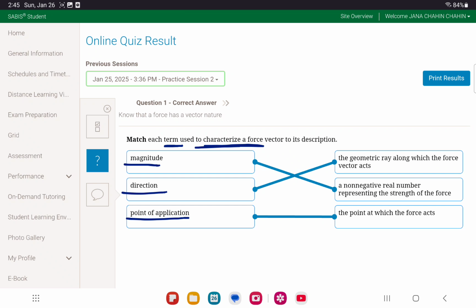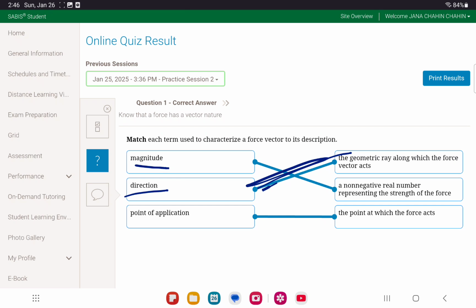We all know direction, so let's start with direction because it's the easiest. Direction is a geometric ray. What they mean by geometric ray is like this, okay? In geometry we use lines or whatever. So a line, which is the same thing as this. So direction is a geometric ray. Now magnitude.